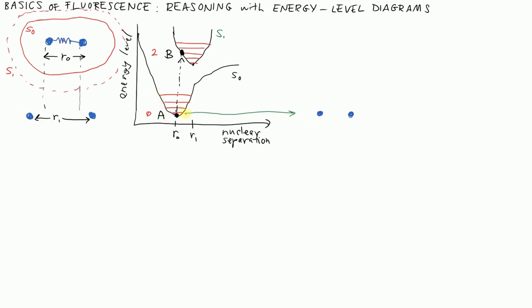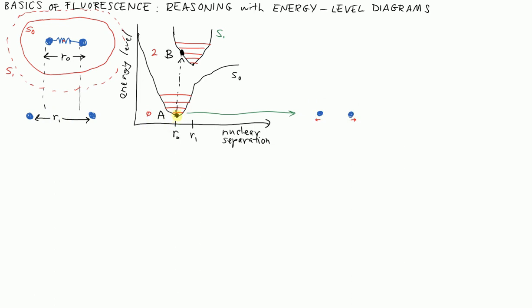This bowl basically tells you how large an amplitude of oscillation is happening, and at the bottom of the bowl there's almost no amplitude. So I can cartoonishly draw two little arrows here saying that there's a small amount of amplitude oscillating back and forth for these two nuclei, but in the limit we can think of them as basically stationary. So that might represent the motion of these two nuclei when they're in their lowest vibrational state.